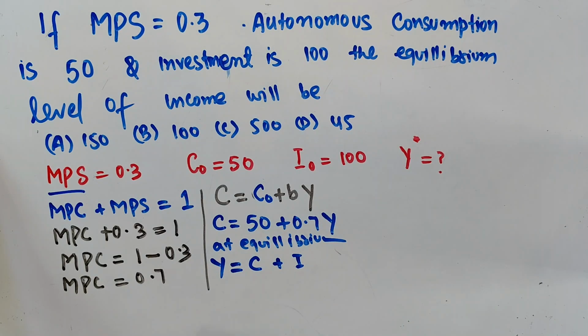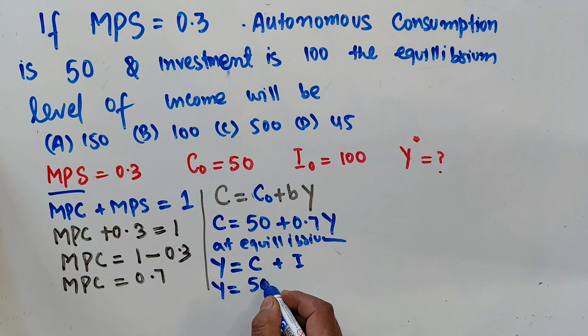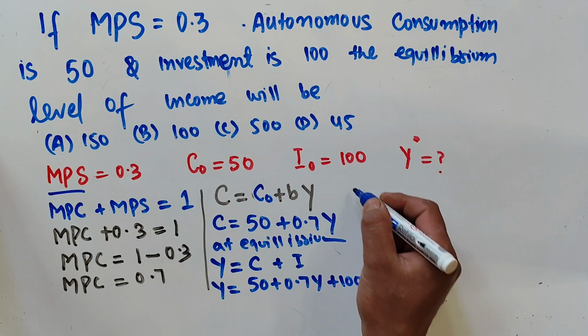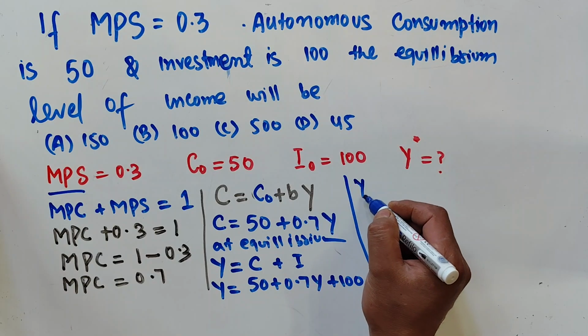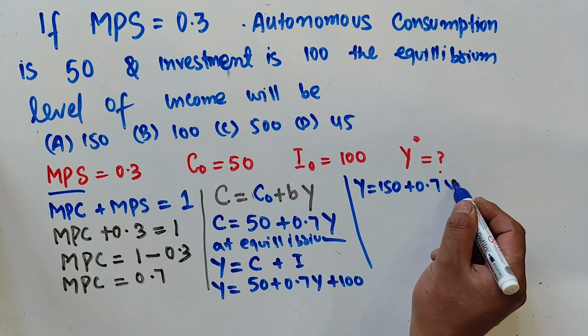So Y will be equal to our consumption function, that is 50 plus 0.7 Y, and investment is given as 100. So I can write it here 100, which implies 100 plus 50 is 150. So Y will be equal to 150 plus 0.7 Y.